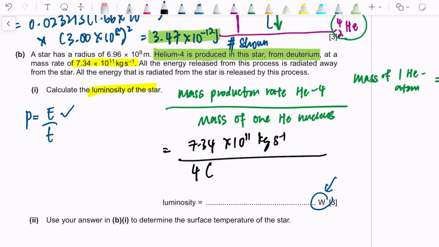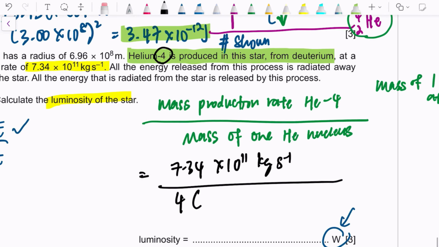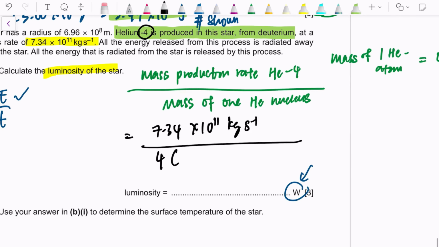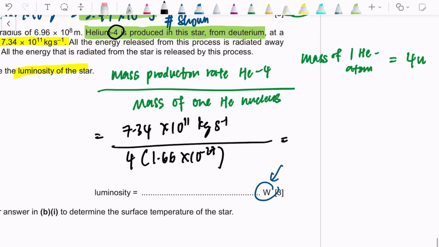And how do I know it's 4u? Because they say helium-4. So 4u, with u being 1.66 times 10 to the power of negative 27 kg. If you're wondering why we are multiplying by it, it's because you want to convert it to kilograms.